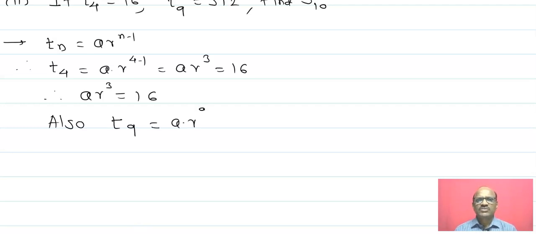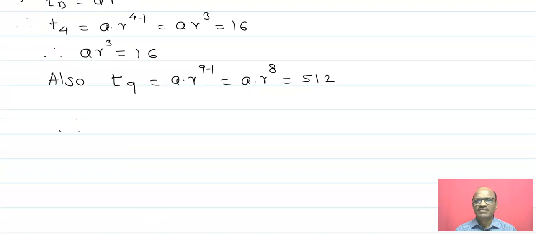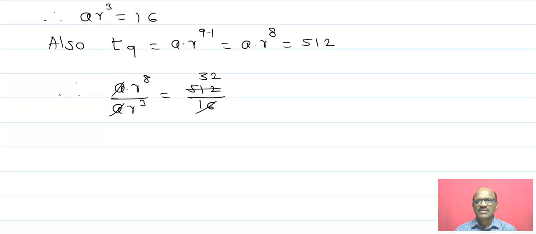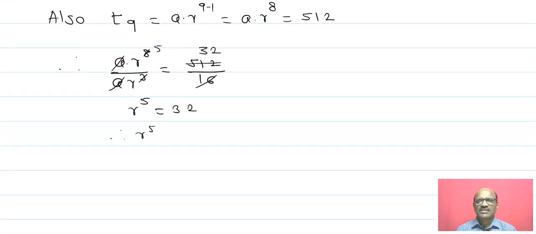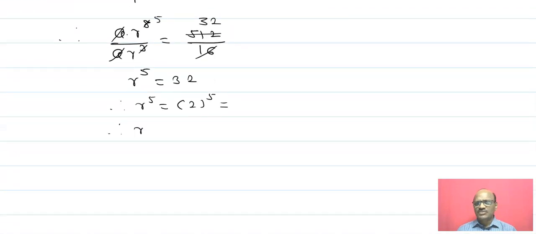Also T9 is equal to A into R raised to 9 minus 1, that is A into R raised to 8, that is 512. A into R raised to 8 upon AR cube, that is 512 upon 16. Now here R raised to 5 comes, and the value of R is again 2.